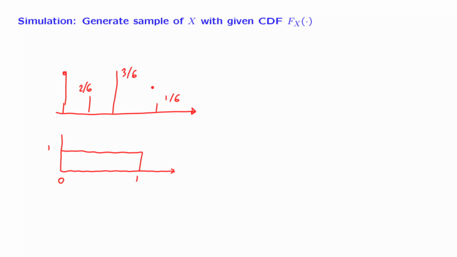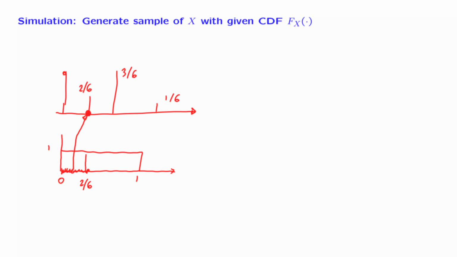What can I do? I can do the following. Let this number here be 2/6. If my uniform random variable falls in this range, which happens with probability 2/6, I'm going to report this value for my discrete random variable.